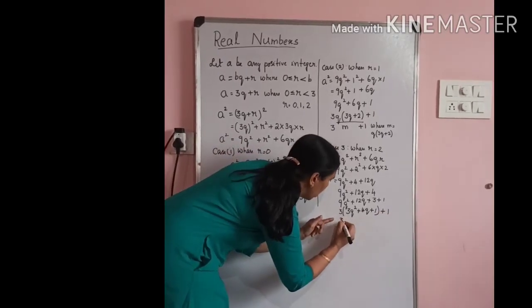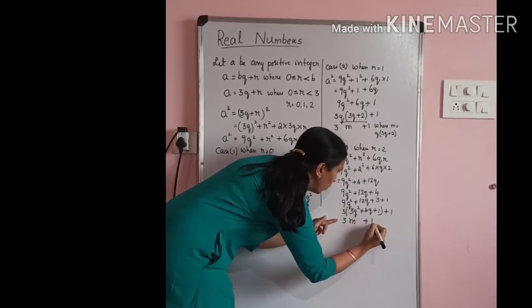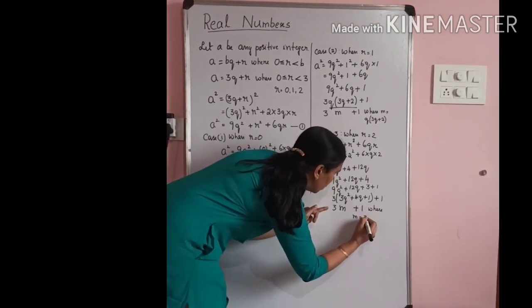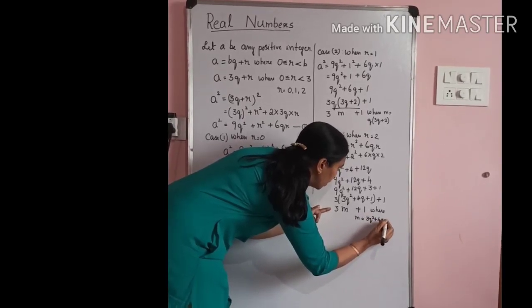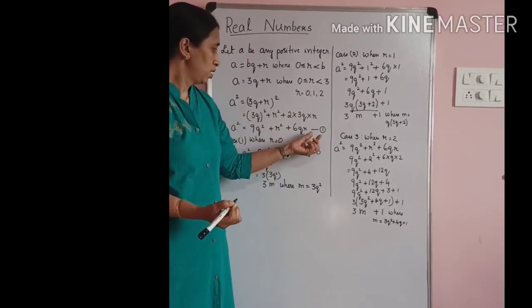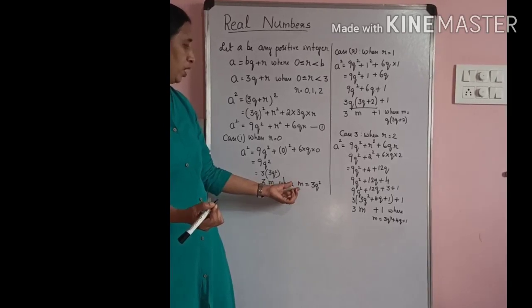Now this can be written as 3 into m plus 1, where m is equal to 3q square plus 4q plus 1.